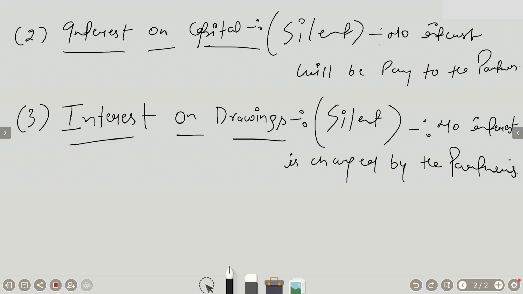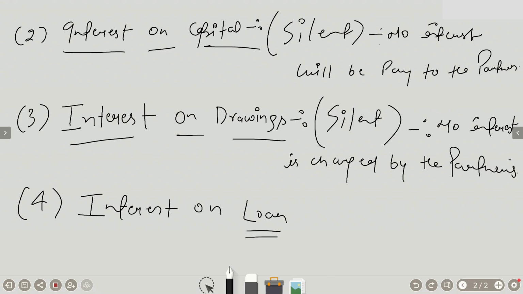Next, the next point included is interest on loan. This is one of the important points under the partnership account. Okay, so I want your more attention on this point.